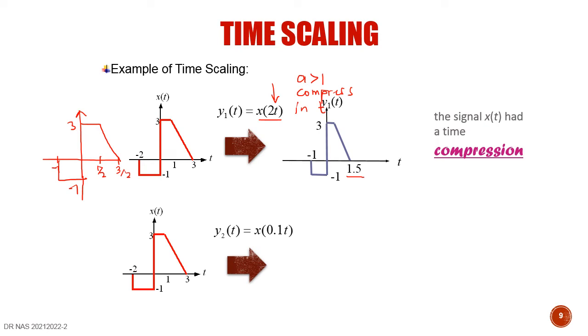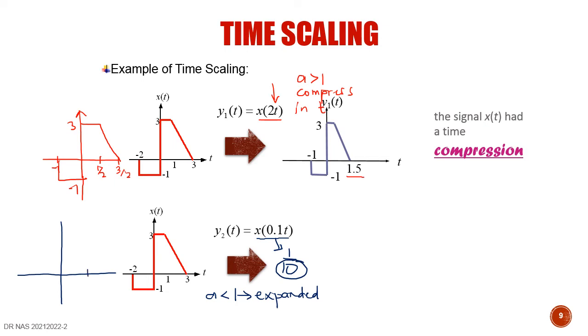Let's look at the second example, now x(0.1t). You know that in this case a is less than 1, so the signal will be expanded in the time domain, in t. Let's draw the t. By how much? 0.1 equals 1/10, so the signal will be expanded by 10 times.